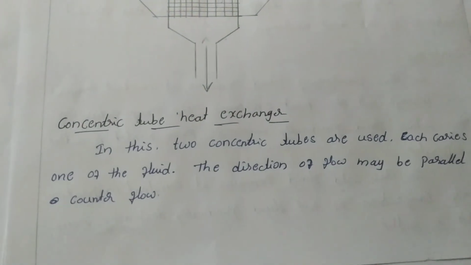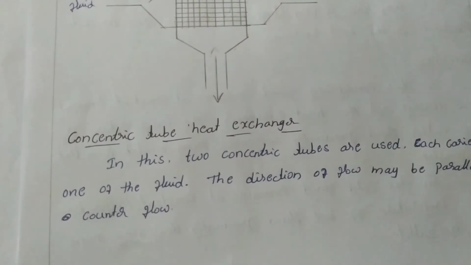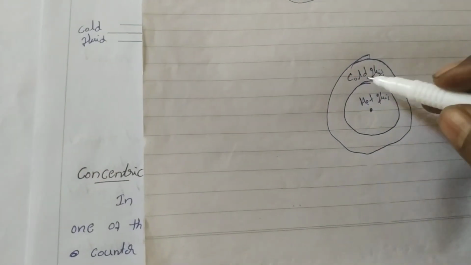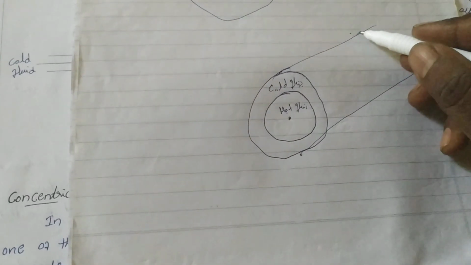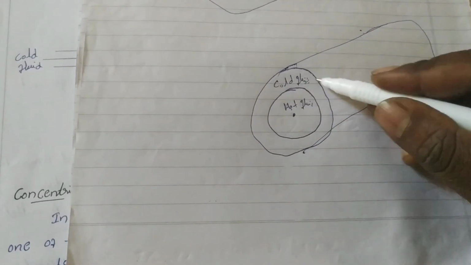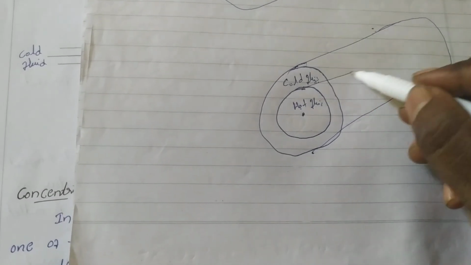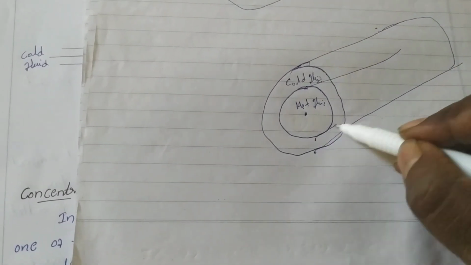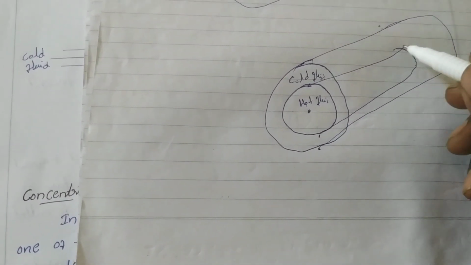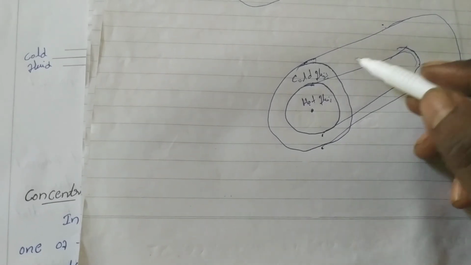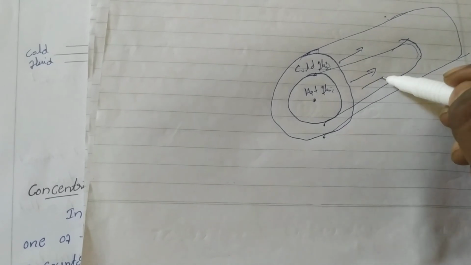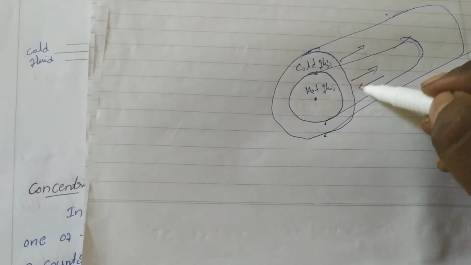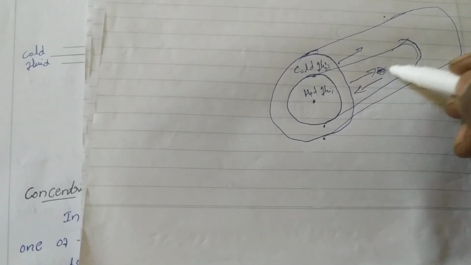The flow direction may be parallel or counterflow. For example, this is the bigger, larger diameter tube, and this is the smaller diameter tube. The cold fluid and hot fluid may flow either in parallel flow or counterflow, either is possible.